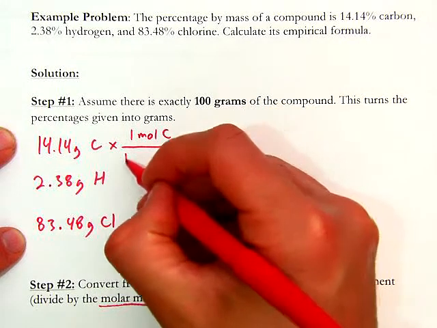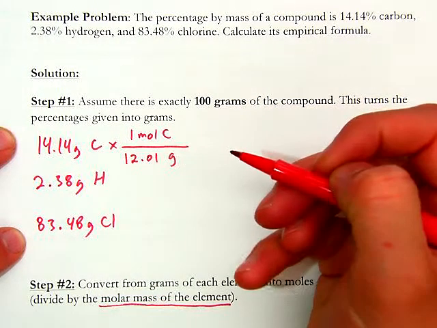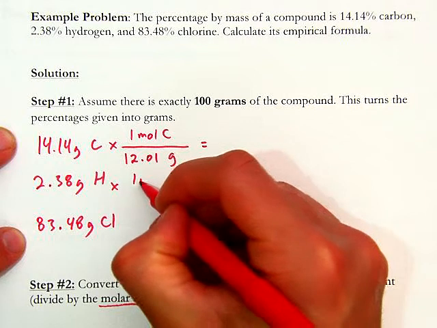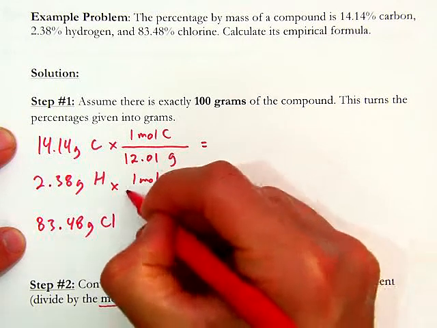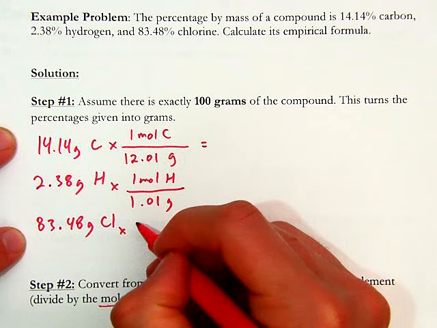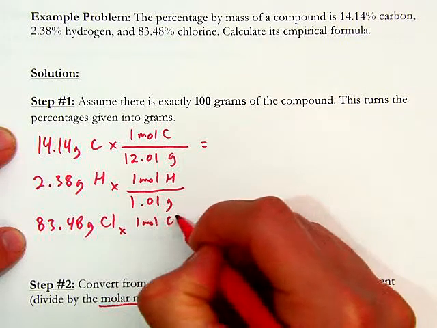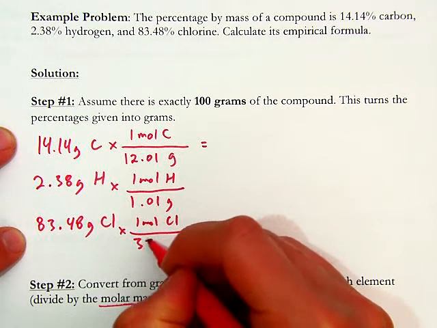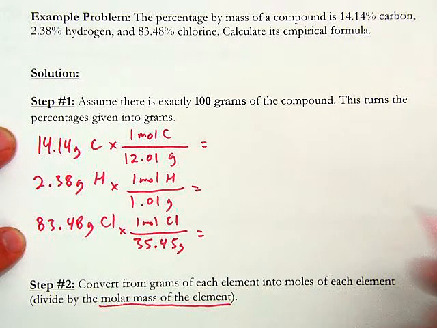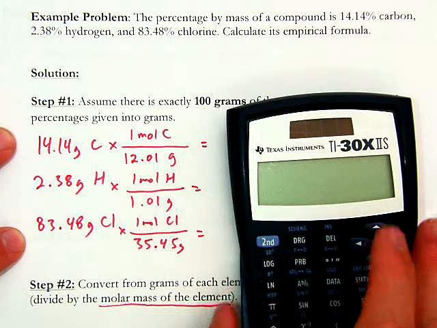On the periodic table, carbon is 12.01 grams per mole. Hydrogen, 1 mole of hydrogen is 1.01 grams. And chlorine, 1 mole of chlorine is 35.45 grams. So I'm converting each of them from grams into moles.